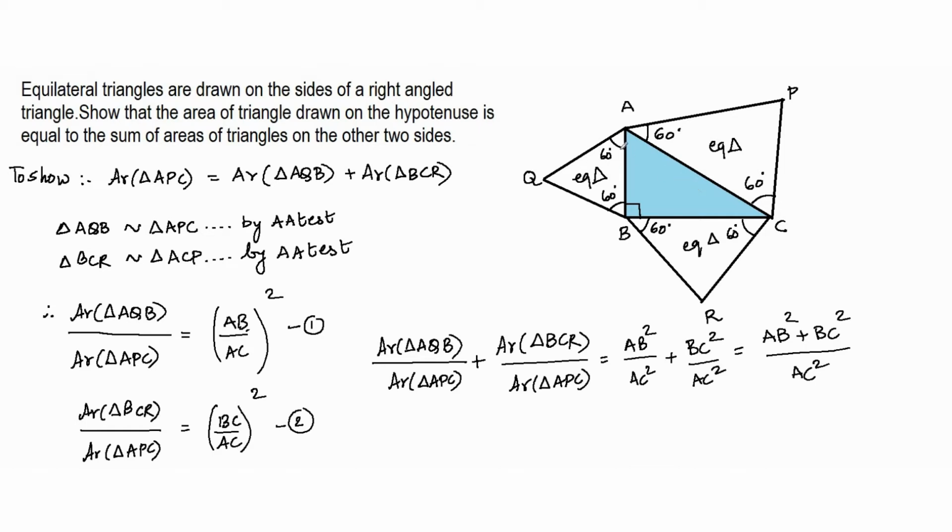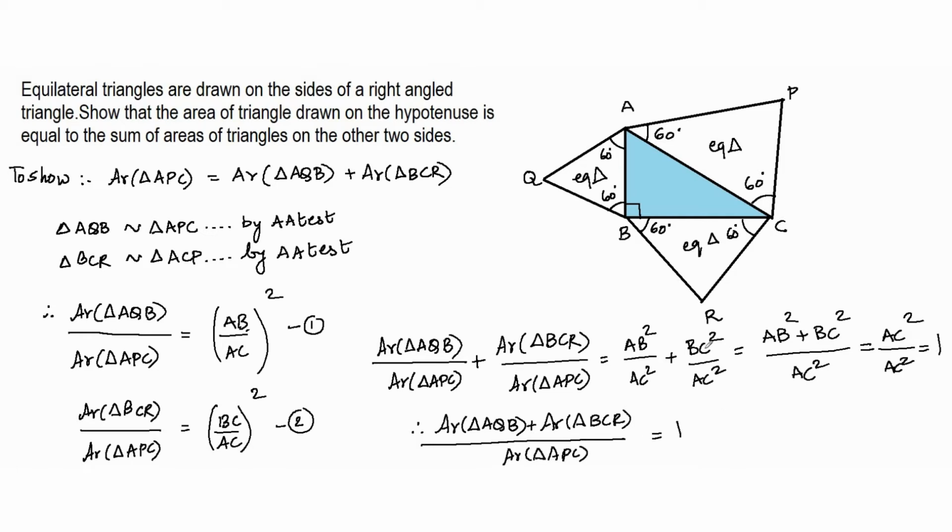Now I can definitely use Pythagoras theorem. Pythagoras theorem says AB square plus BC square is equal to AC square, divided by AC square, which equals 1. And therefore area of triangle AQB plus area of triangle BCR, the whole divided by area of triangle APC, is equal to 1, because on the right hand side I applied Pythagoras theorem and got the ratio as 1.